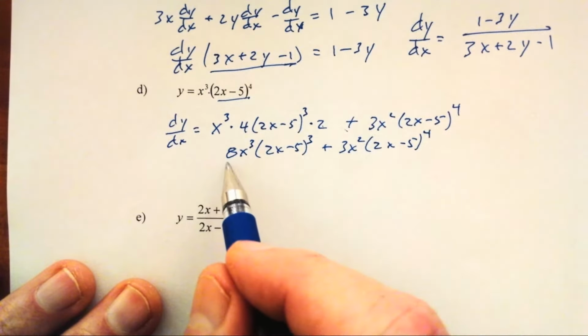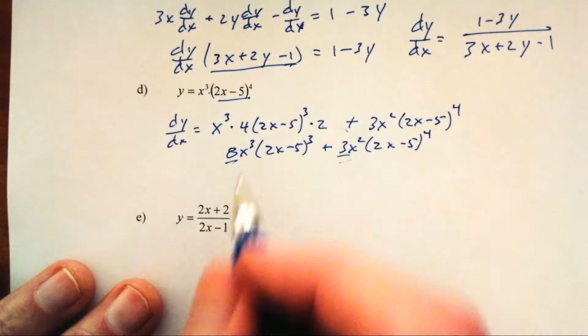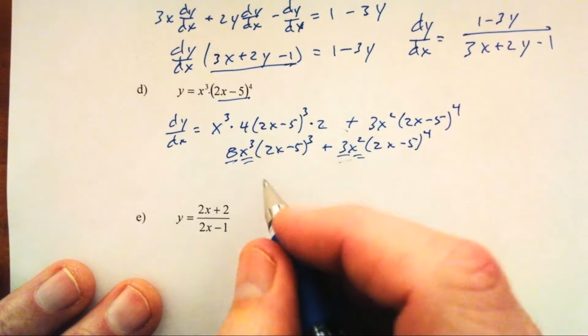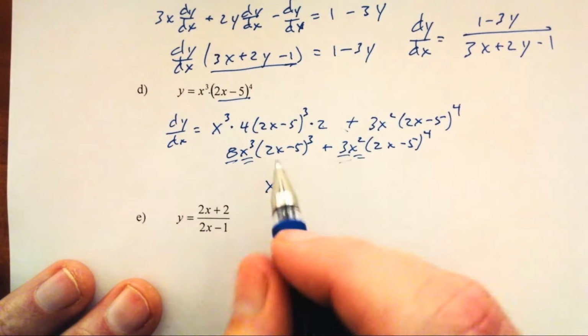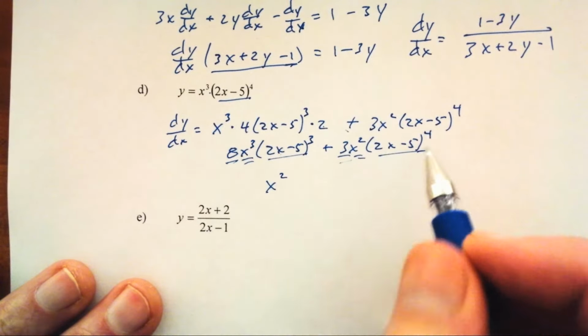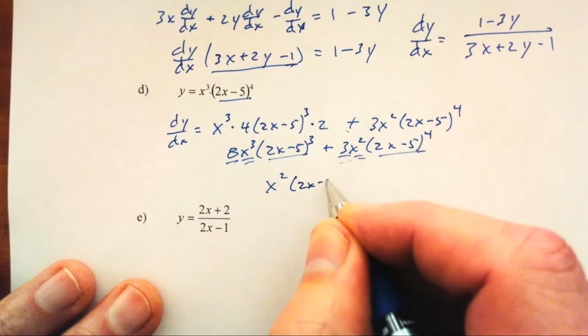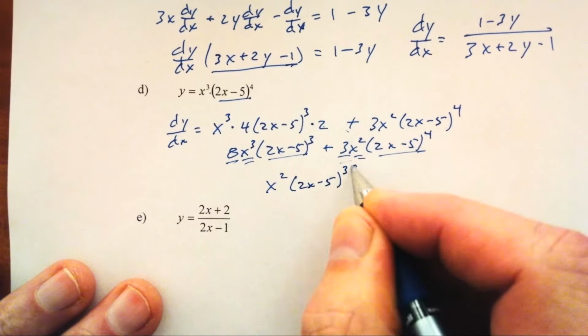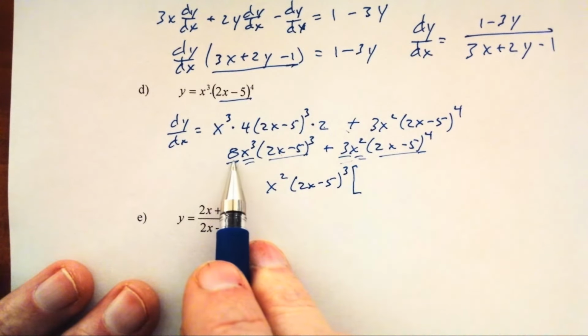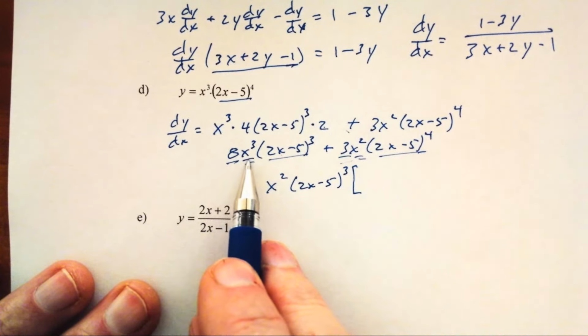What can I factor out of here? Nothing out of the 8 and 3. I can factor out a pair of x's, though. And I can factor out 3 of these (2x minus 5)'s, which would leave me with, from this first term, an 8 and one of the x's.